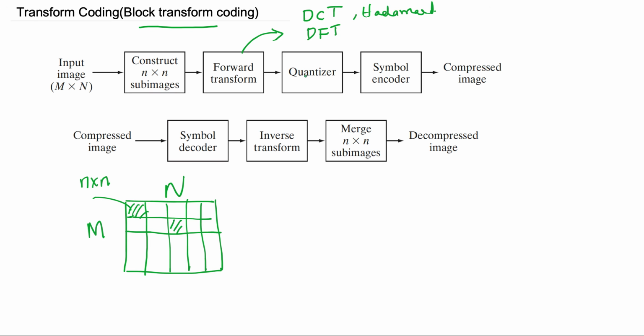Then after finding the transform, we will do the quantization process. The quantization process is used to reduce the minute details from the transform coefficients. Suppose that after finding the forward transform, one coefficient is 3.5, then I will be truncating that value into, let's say, 3.